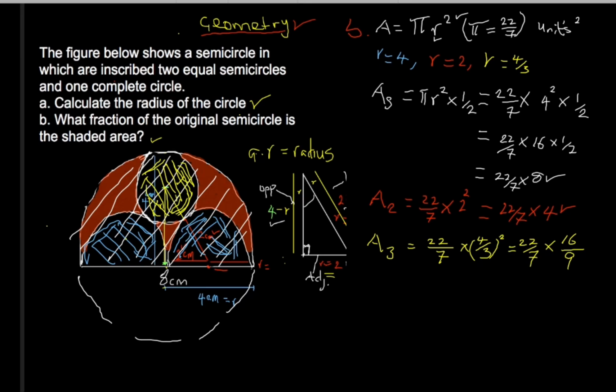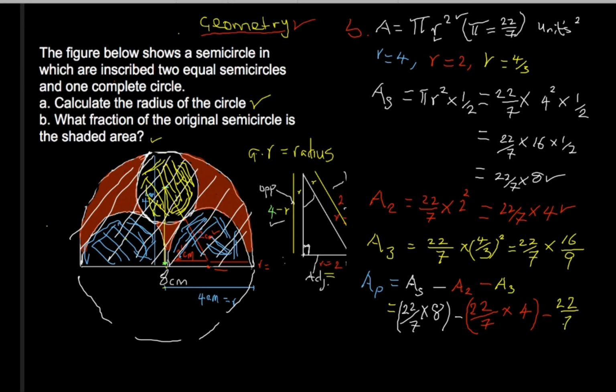Now the area of the shaded portion, area P, will be the area of the original semicircle, area S, minus the area of the 2 semicircles, which is area 2, minus the area of the complete circle, which is area 3. So from here, 22/7 times 8 minus 22/7 times 4, then minus 22/7 times 16/9.